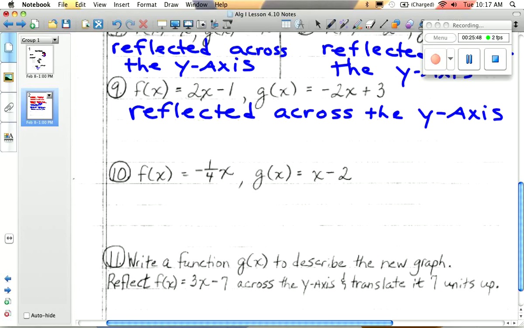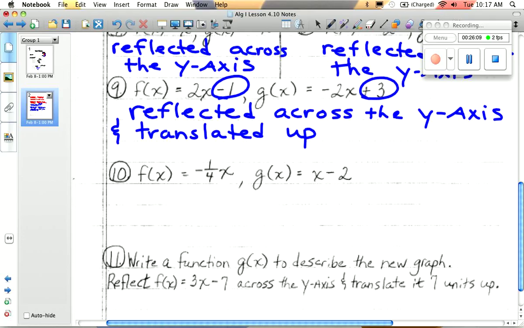What else changed? The y-intercepts. So what kind of a transformation is that? Translation. And translated up or down? Up. It started at negative 1, and it ended up at positive 3, so it went up 4 units, didn't it?